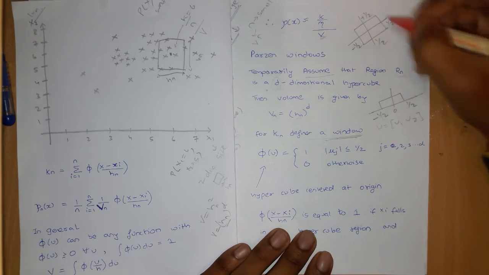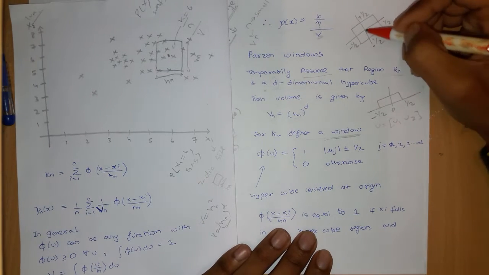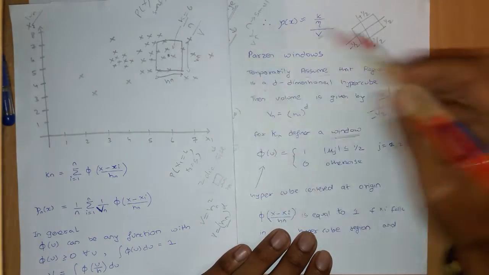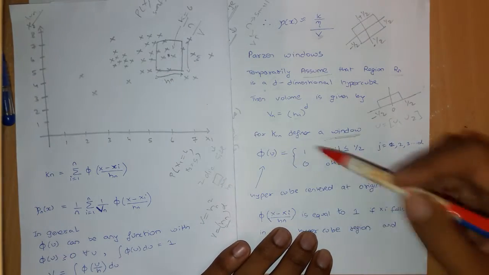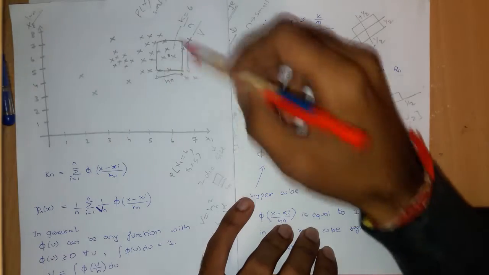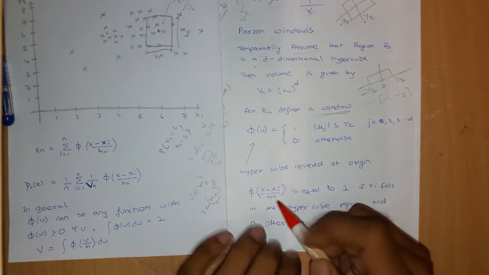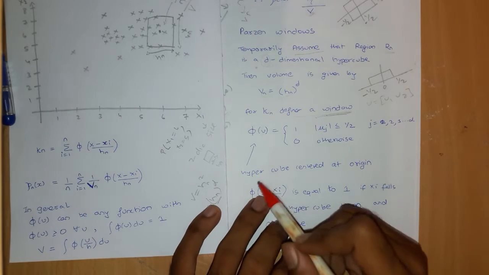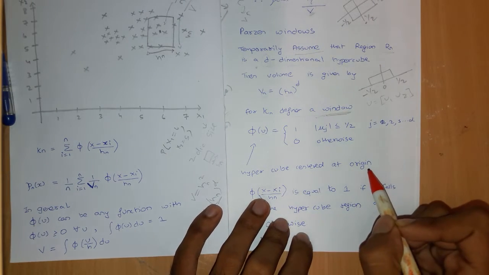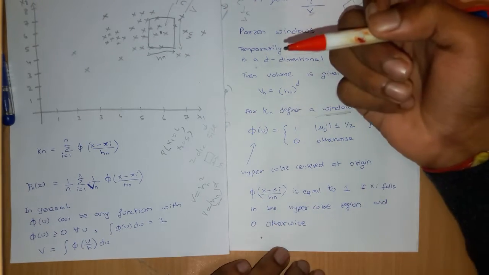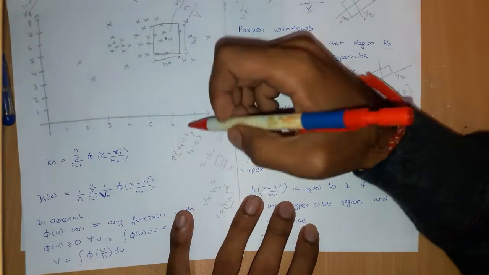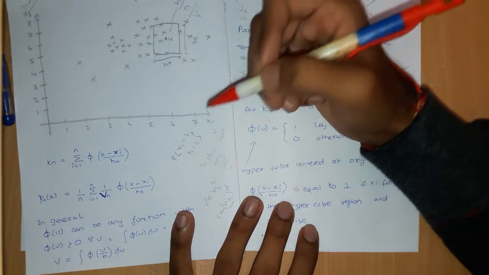So you can see we are approaching this. We are going to use this function to get this. So now I want a hypercube centered at the origin. What my actual purpose is: you tell me which probability you want.